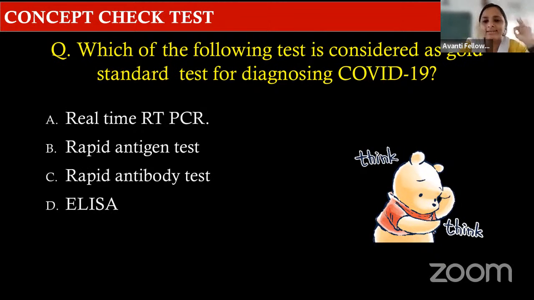The options are: A, real-time RT-PCR; B, rapid antigen test; C, rapid antibody test; and D, ELISA test. I will launch the poll. I will give you 1 minute to answer this very easy question.